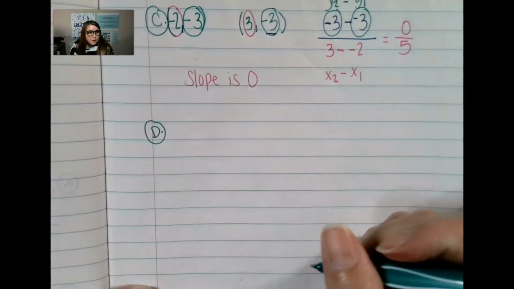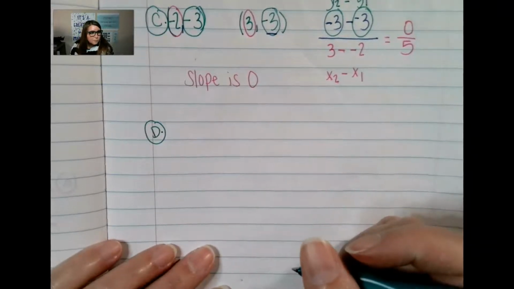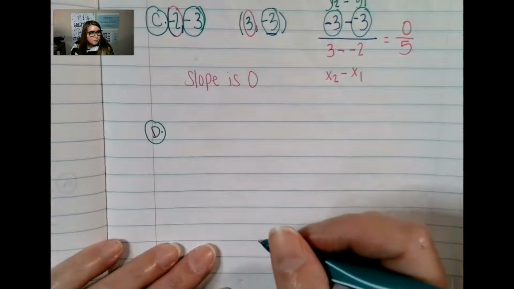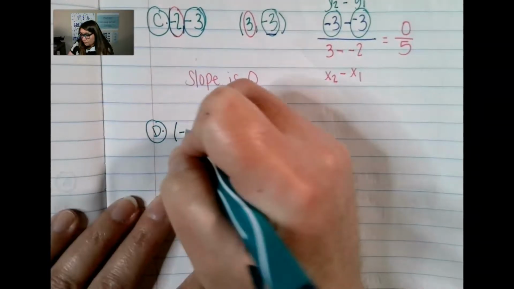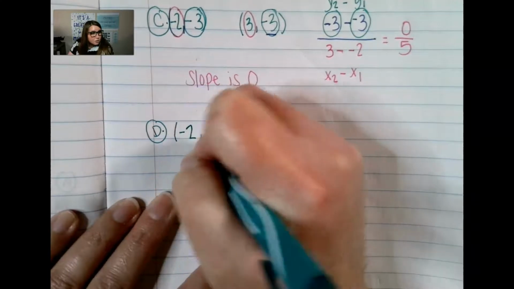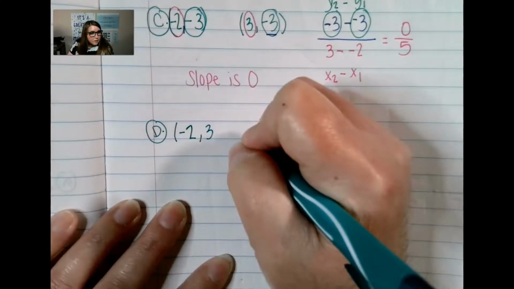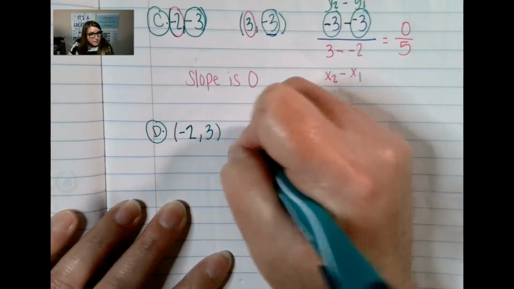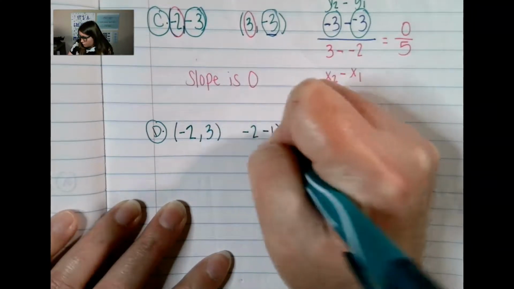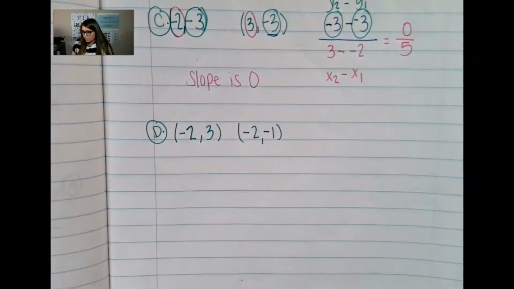Okay. So this one says, again, we have -2, 3, and then we also have another one, which is -2, -1. Those are our ordered pairs.